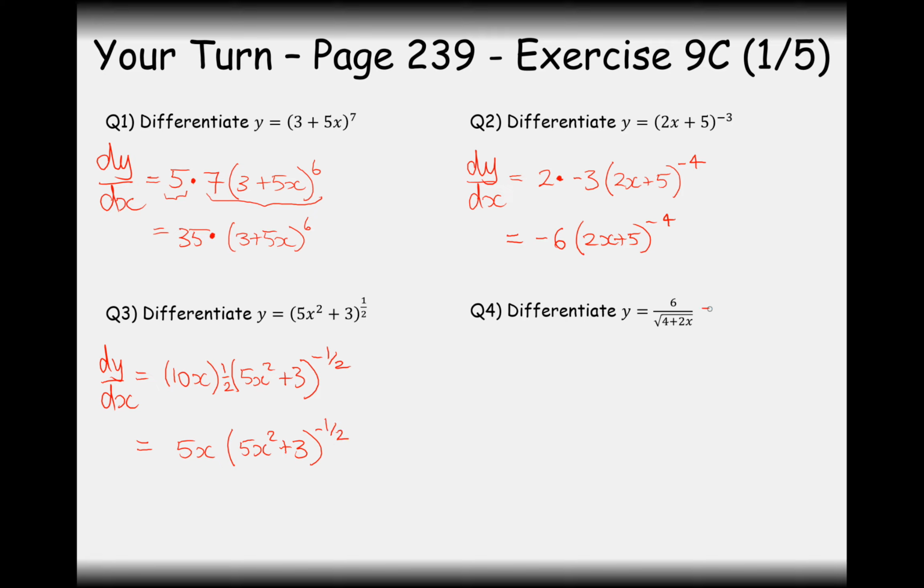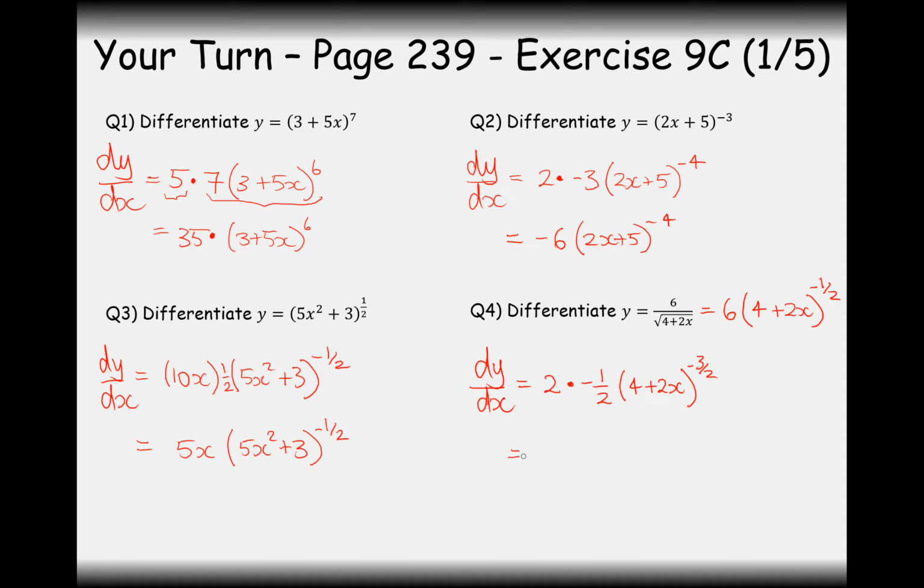And for the last one, I'll prefer to write this in differentiable form to get started. So it would be 6 times (4 plus 2x) to the power of minus a half. And now we can differentiate this. So differentiate the inside first, and we're going to get a 2. Then we're going to multiply this by the derivative of the outside, and that's going to be minus a half times (4 plus 2x), so times the power to the front, and minus 1 from the power.